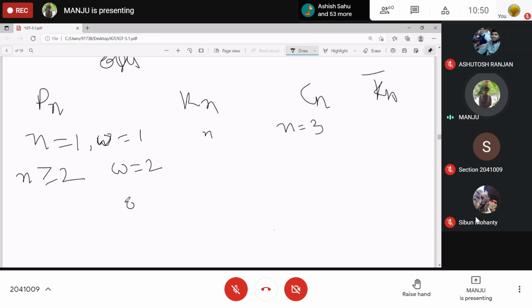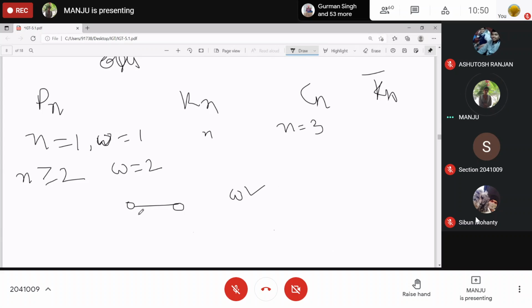Okay, omega in any graph. If you take the pairwise adjacent vertices, the maximum number of that pairwise adjacent set is denoted by omega, clique number. Okay, clique we had discussed, pairwise adjacent vertices. Yes, a set, ma'am, right? And the maximum cardinality of that set is denoted by omega.